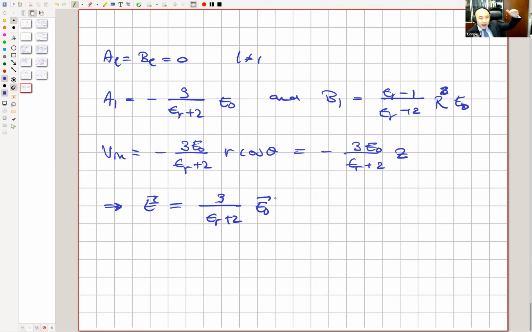Now, why, when you're asked to show the electric field for the polarization, does it look nothing like all these potentials and things that you've done here? That's because in that question I'm asking only for the field due to the polarization.